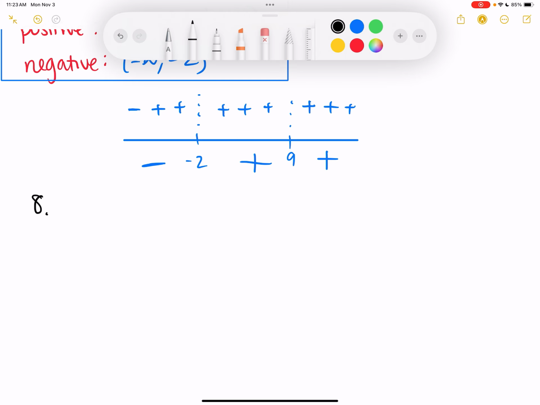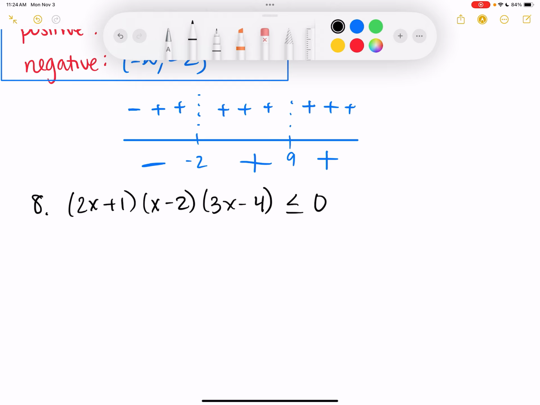So number 8, I've got 2x plus 1 times x minus 2 times 3x minus 4 is less than or equal to 0. So these are ones where you could see brackets. Now, the other thing that I'm going to point out is that rather than listing out where it's 0, where it's positive, and where it's negative, I need to solve the inequality to answer the question.